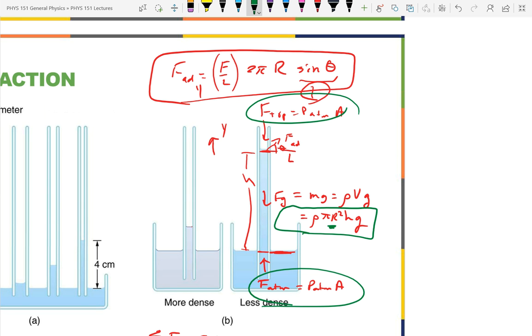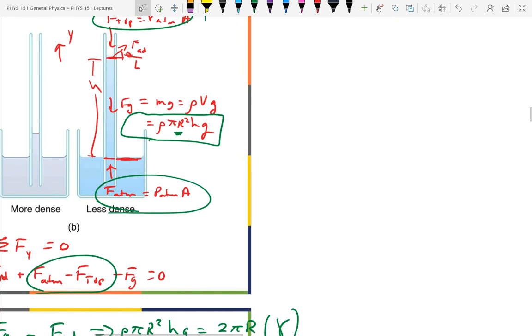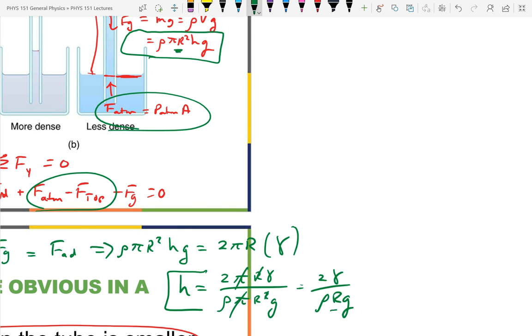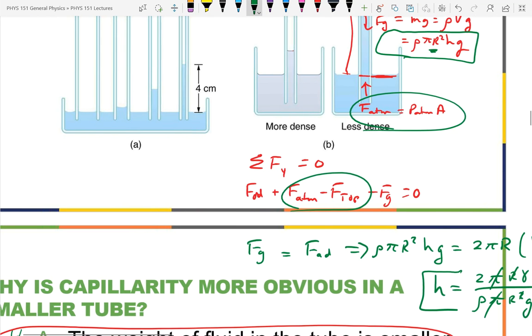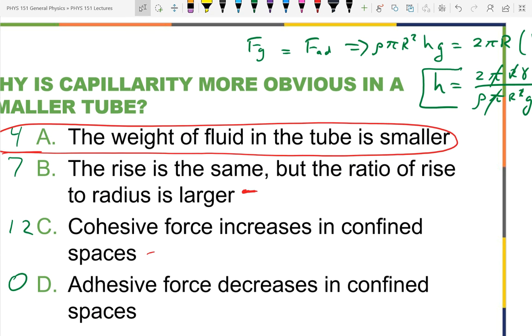Thus, the height, which is the result of having net force 0, is proportional to 1 over the radius because the column's weight increased at a greater rate than the upward force did. So that's why the answer was the weight of the fluid in the tube. When R gets smaller, the weight in the tube gets smaller faster than the upward force due to capillarity decreases.